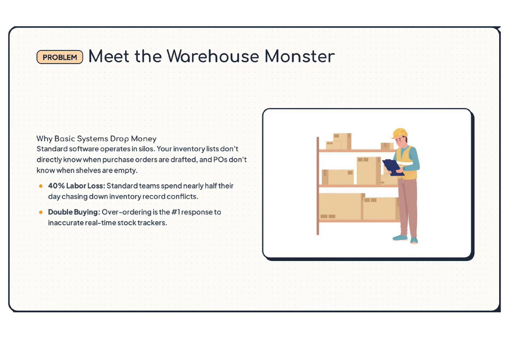So the standard software operates in a silo, right? Your inventory, like we say here, is lists. It doesn't directly know when purchase orders are drafted, or the POs don't know when the shelves are empty.